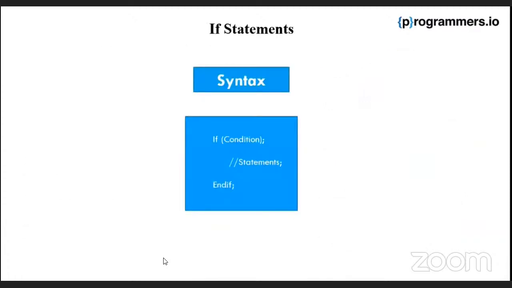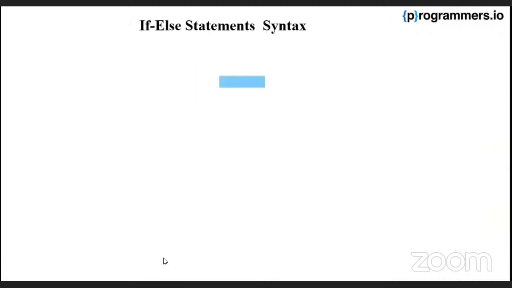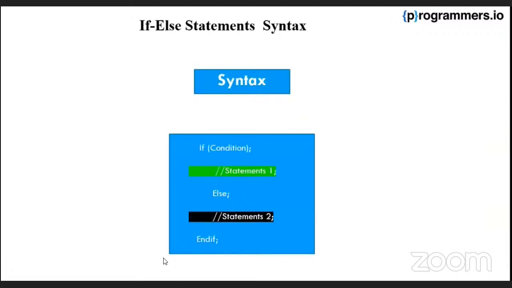So first is the if statement. If statement means whenever the if condition is true, this statement will execute. Otherwise, the statement will not execute, and it exits from that statement. We also have a second statement, an add-on in the if statement, that is else.